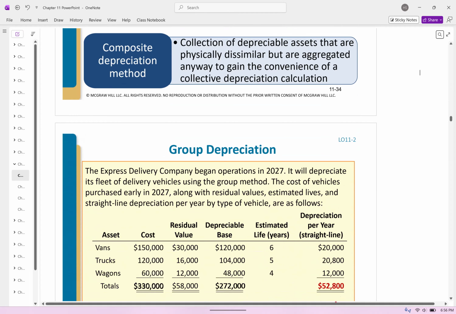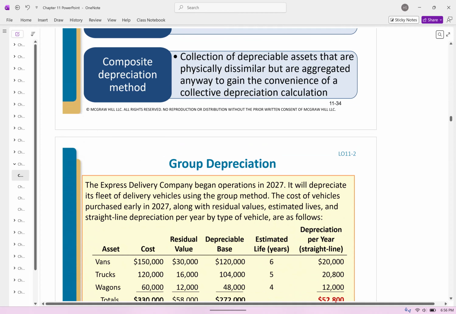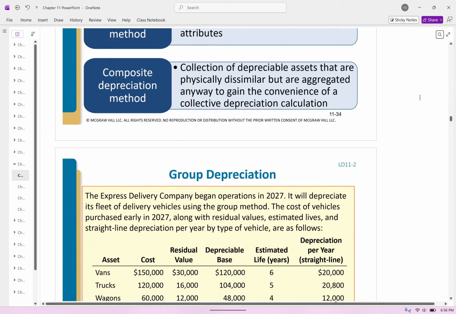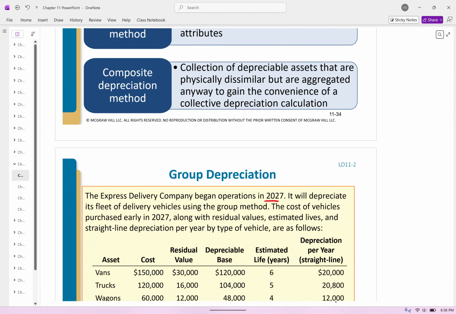So here they give us an example of group depreciation. They say the Express Delivery Company began operations in 2027. It will depreciate its fleet of delivery vehicles using the group method. So the cost of the vehicles purchased early in 2027, along with residual values, estimated lives, and straight line depreciation per year by type of vehicle are as follows.